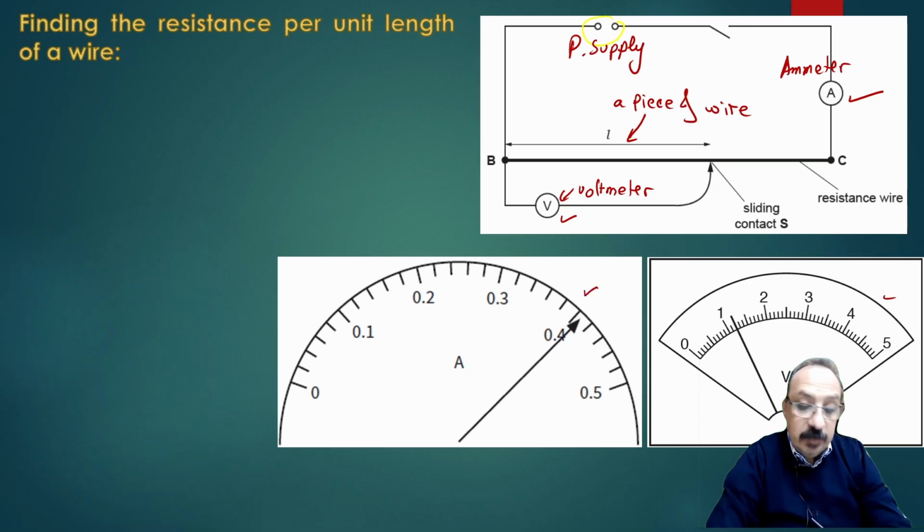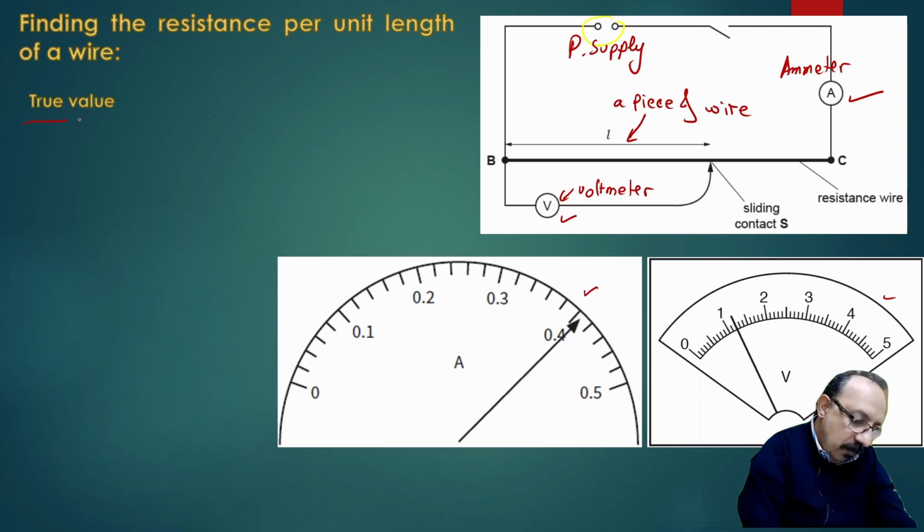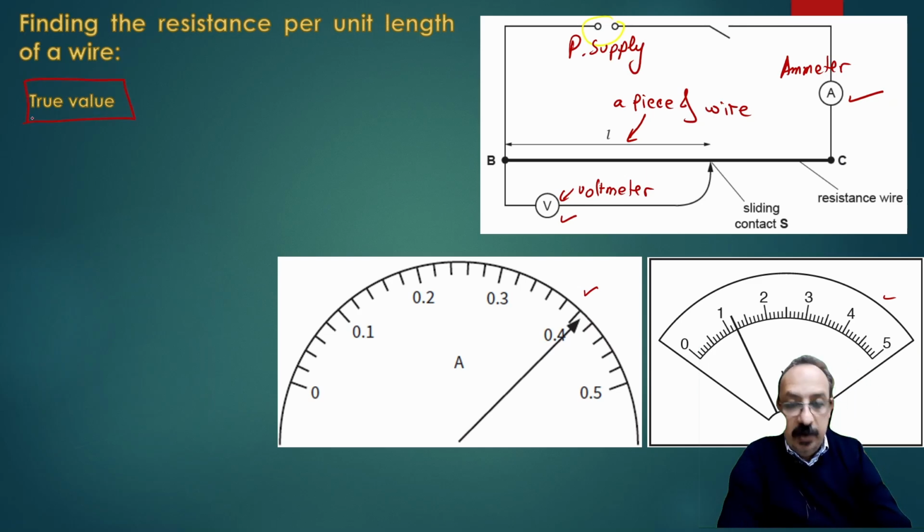Okay, but before proceeding further, let me define something for you, something that we call a true value. A true value is simply the value, okay, or the best known measured value for a physical parameter.